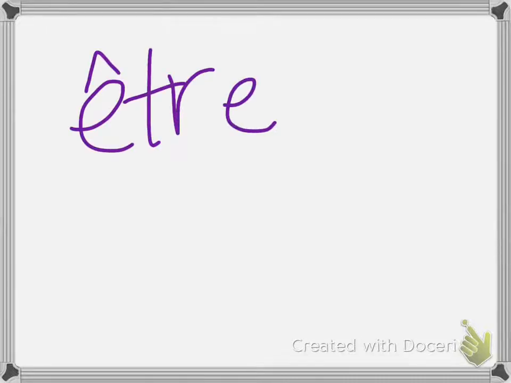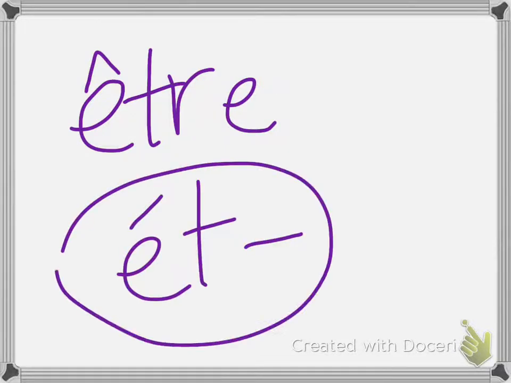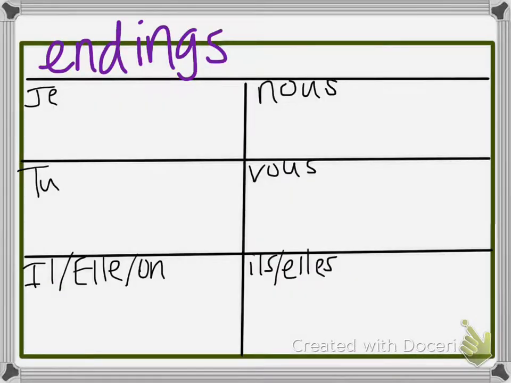There is only one verb that is irregular in the imparfait, and that verb is être. The nous form of être is sommes, and that doesn't work well with our endings, so the stem for être is É-T. So this is your stem for être. Once you have your stem, you have to add the endings.